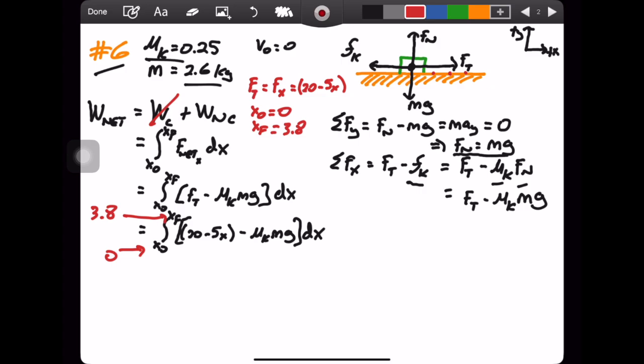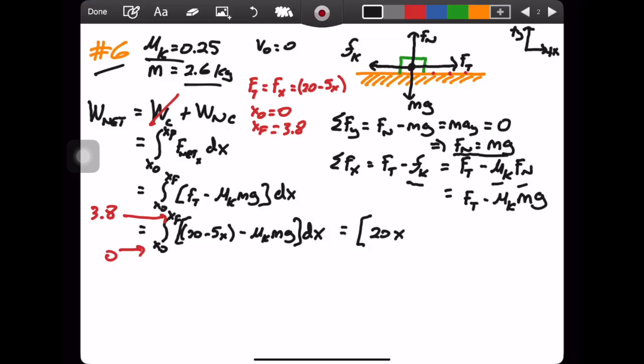So we need to compute this integral. To compute this integral, we are going to have a 20 dx term. And so 20 dx, when you integrate it, is just going to be equal to 20x.